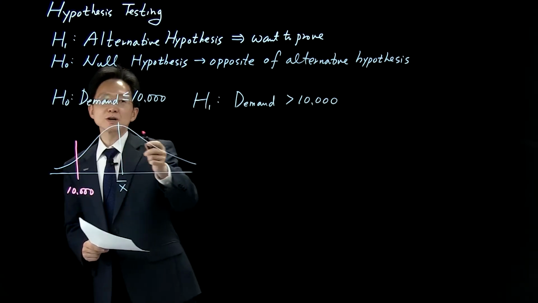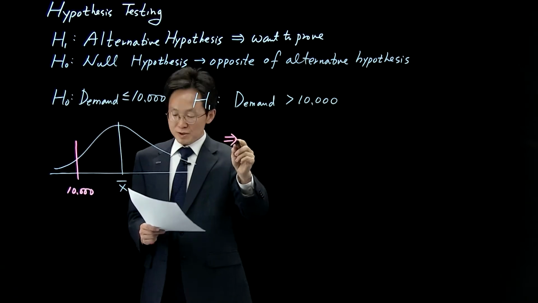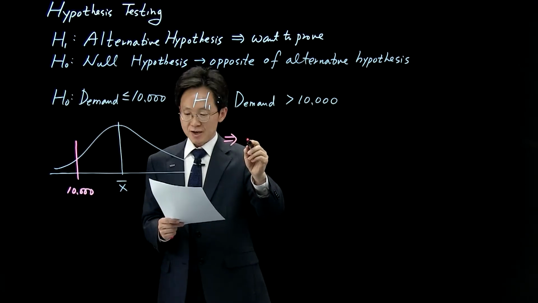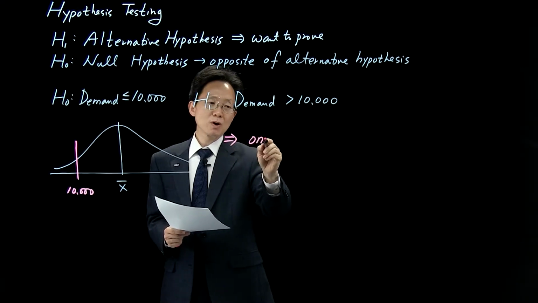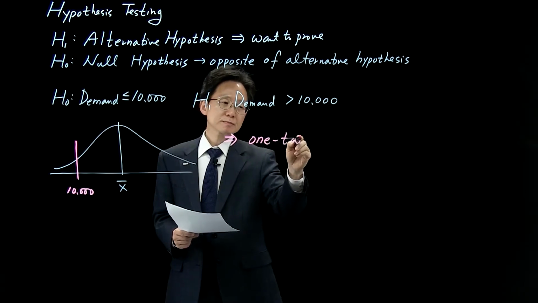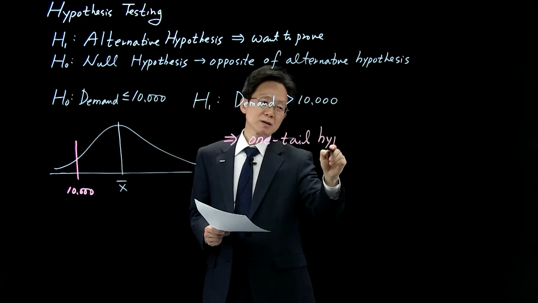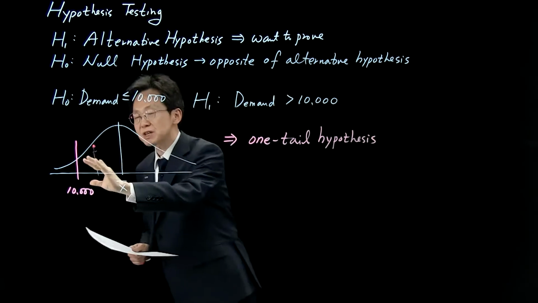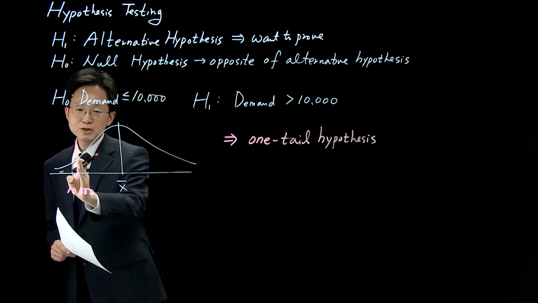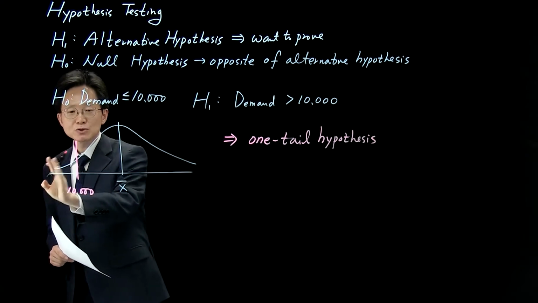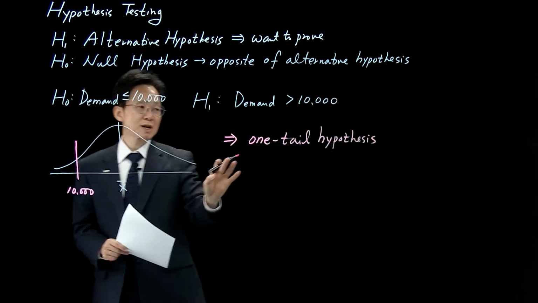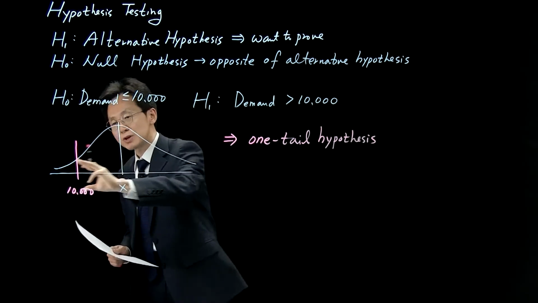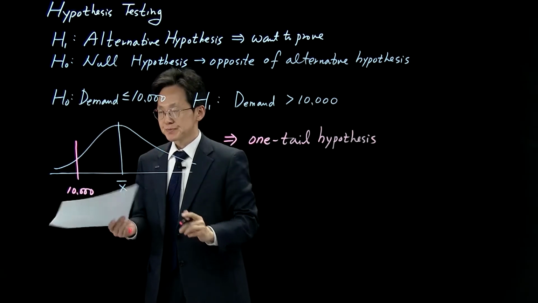So this is the so-called one-tail or single-tail hypothesis, and that's because we are looking at just one side. In other words, whether it's less than or equal to, larger than or equal to. So that's one tail. We're just looking at one side.